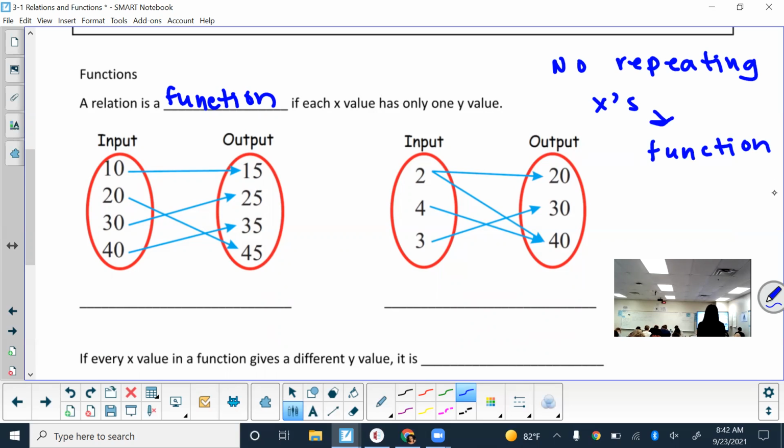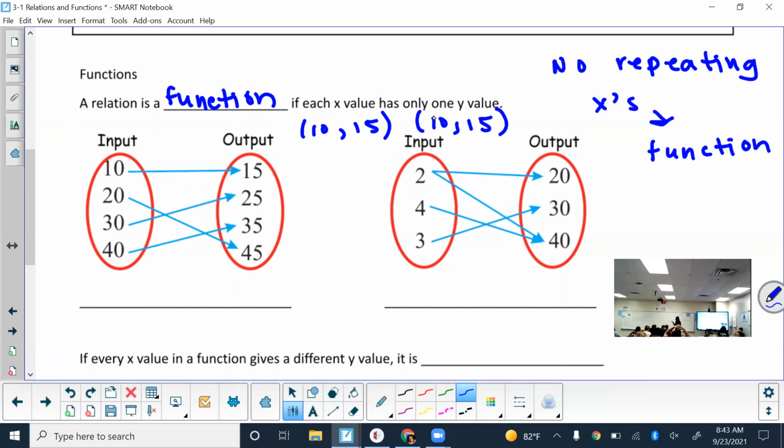If there are repeating x's, then you have to look at the y's. If the y's are different, then it's not a function. If the y's are the same, so let's say in my set of data I had 10, 15, and 10, 15, it's the same y value. So it's still technically a function. Does that make sense?